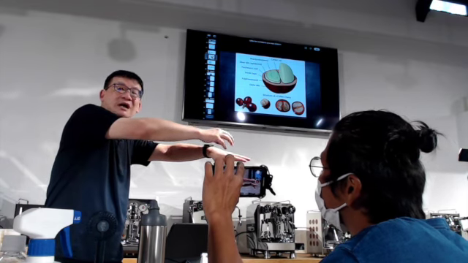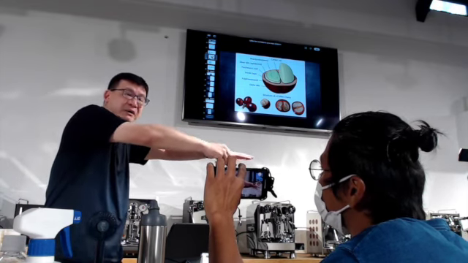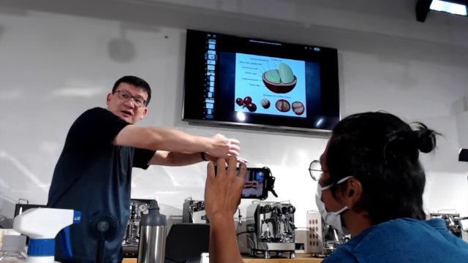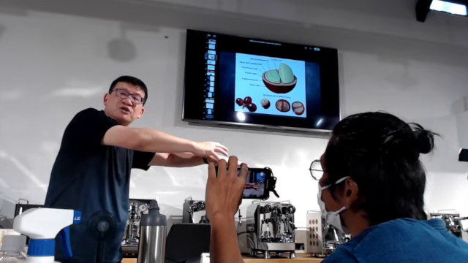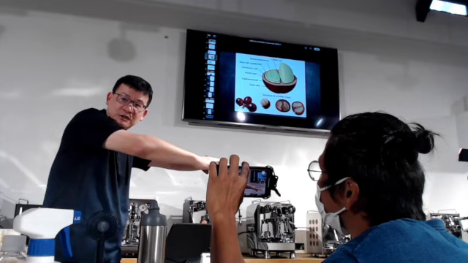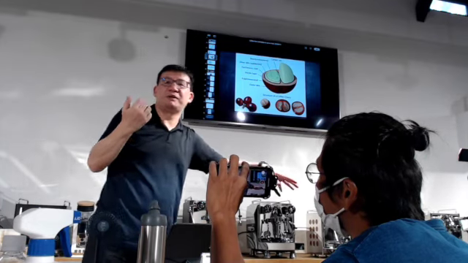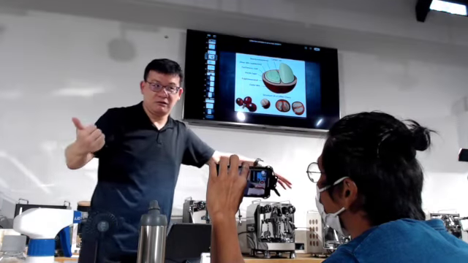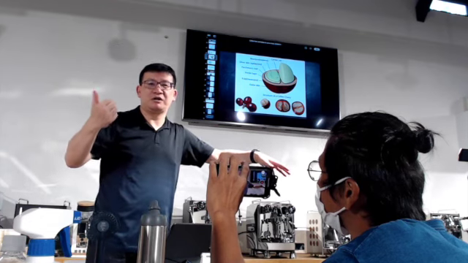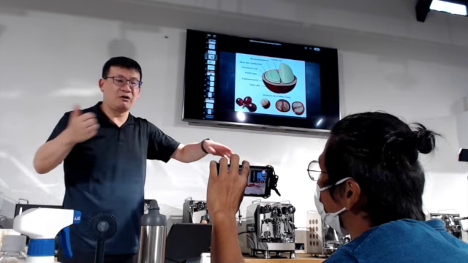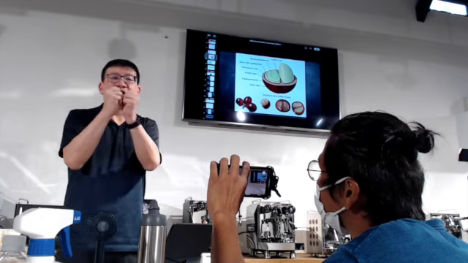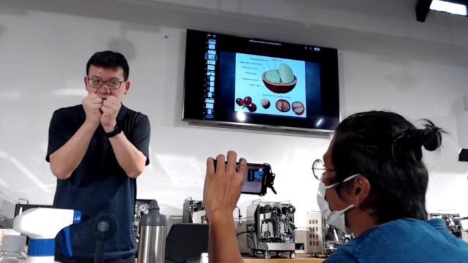So sometimes the peaberry will happen around this part. More chance. And sometimes it's because of the genetic background, or actually two eggs in the flower.